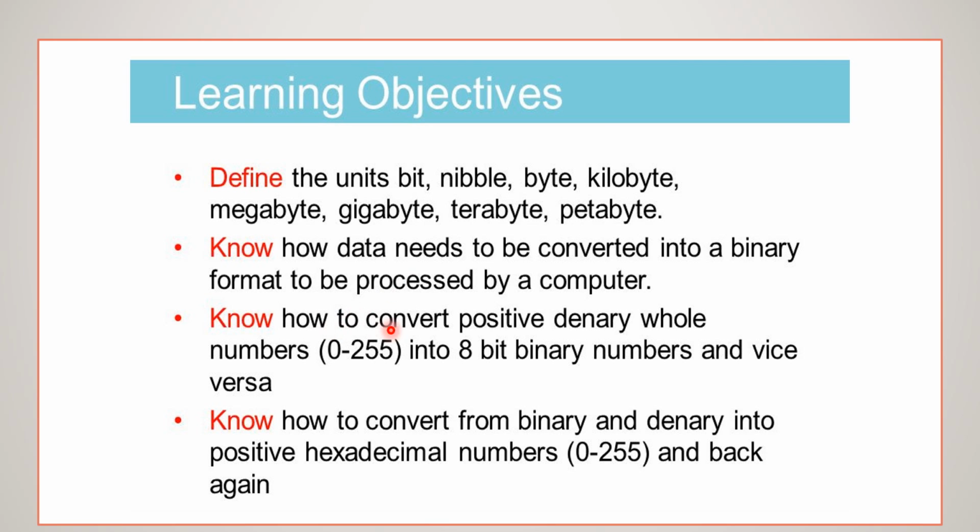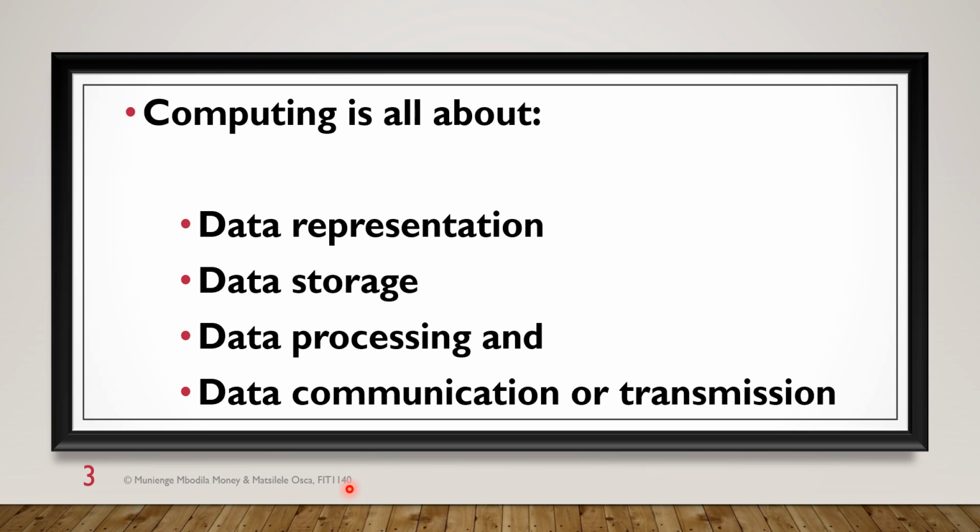You must be able to convert a positive binary or a decimal number into 8 binary numbers, and do it vice versa. So we'll do a lot of converting from binary to decimal, from hexadecimal to octal, as I told you in class.